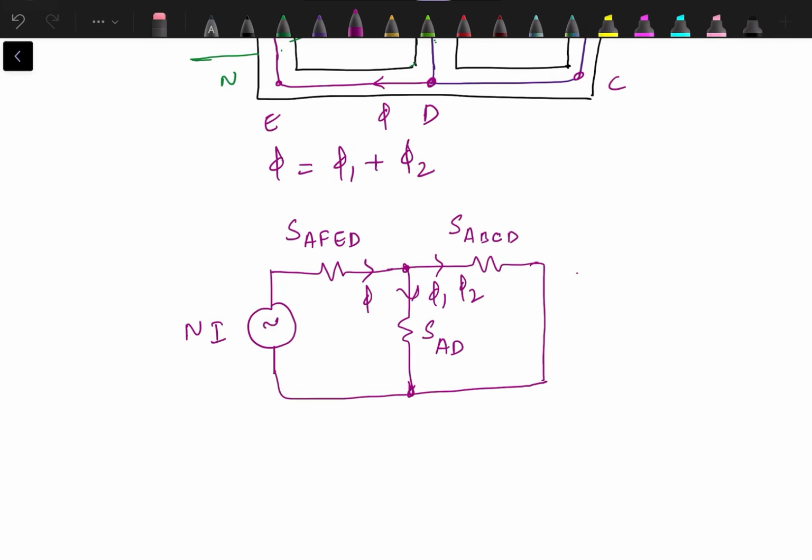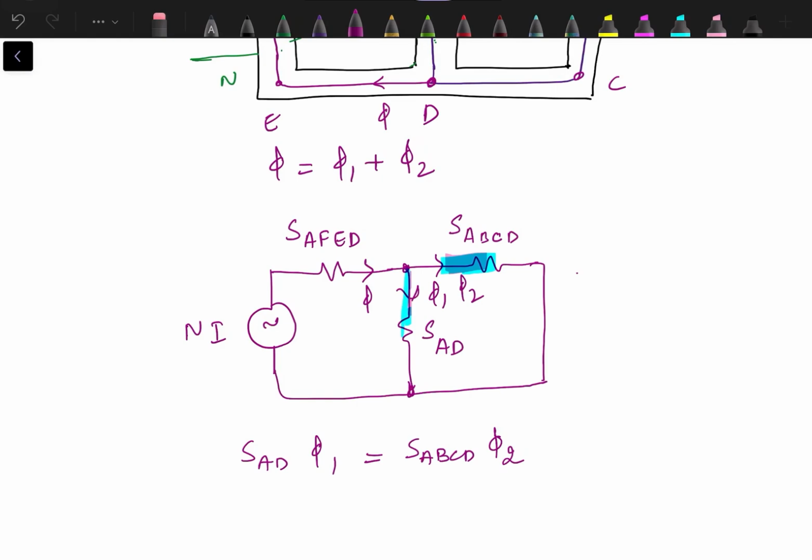Since these two magnetic circuits, this and this, are connected in parallel, the MMF drop across these two reluctances will be same. Means SAD into phi 1 will be same as SABCD into phi 2.